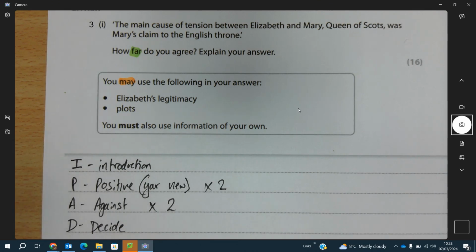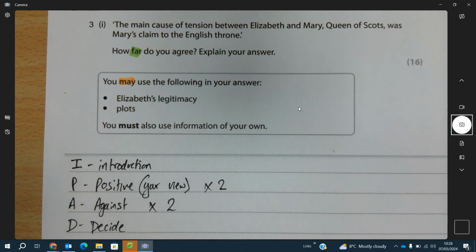So if you agree with the statement, this is where you say it with 2 paragraphs that back up your view. If you disagree with the statement, this is also where you say that, and you back up again with 2 paragraphs about why you disagree with that. Okay, so it's positive of your view. Whichever way you believe, you make your case here with 2 paragraphs.